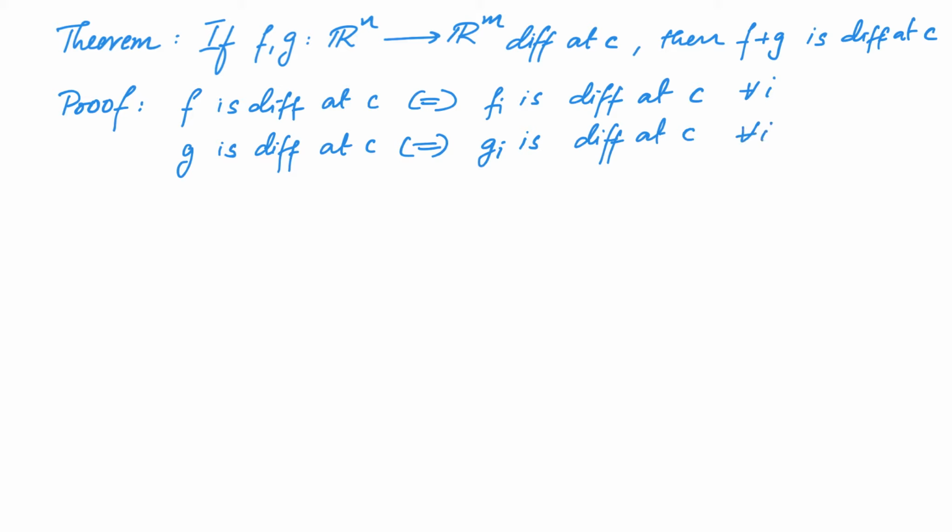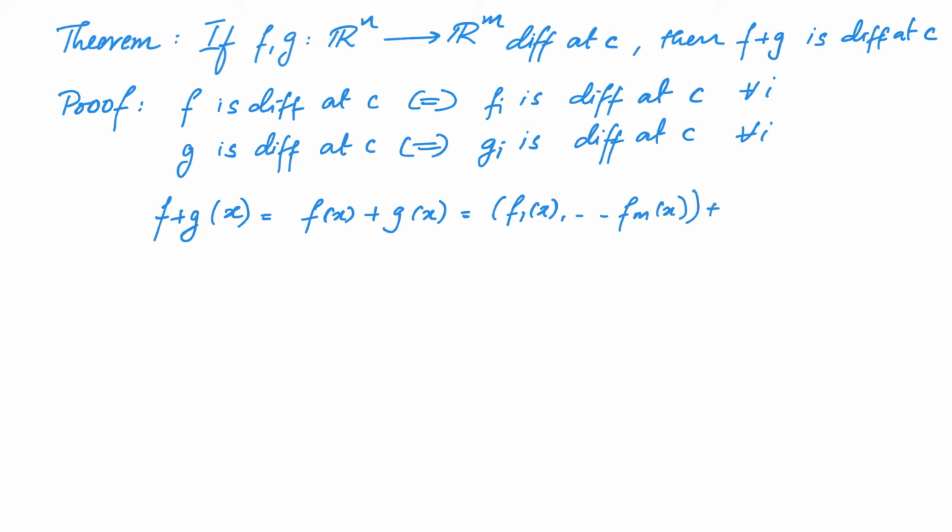Now, let us try to understand what f plus g is. Notice that we defined f plus g of x to be equal to f of x plus g of x. And f of x is equal to f1 of x, f2 of x, etc. up to fm of x, and g of x is equal to g1 of x, g2 of x, etc. up to gm of x.